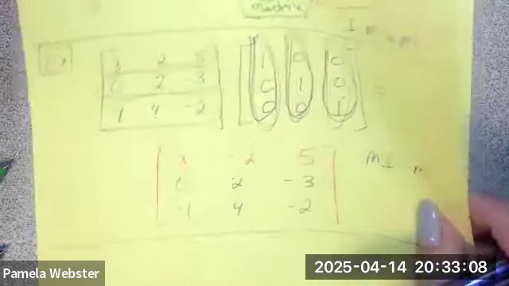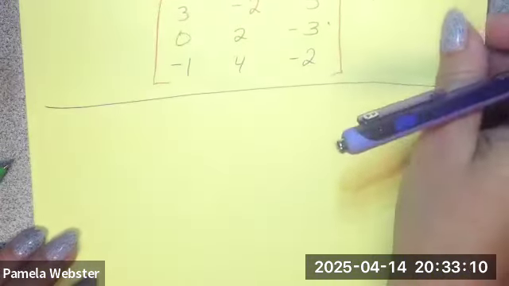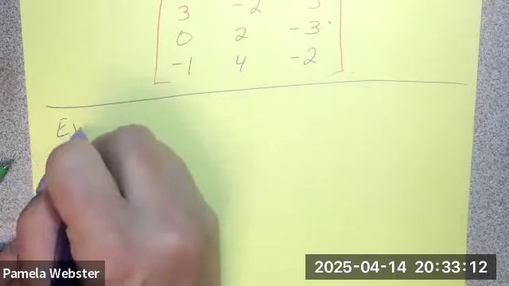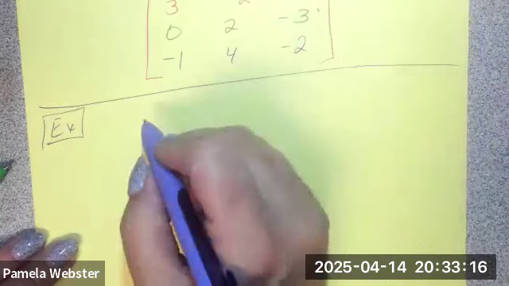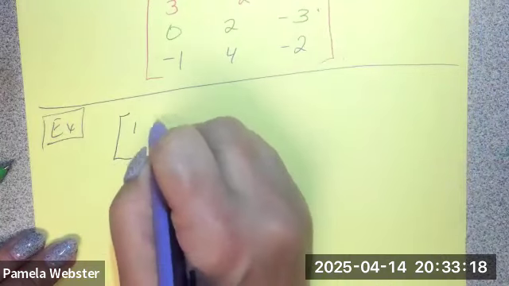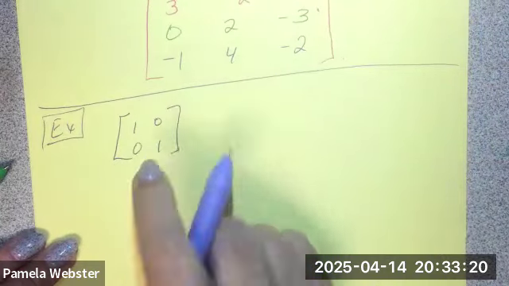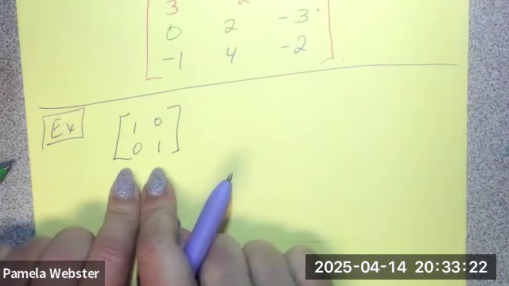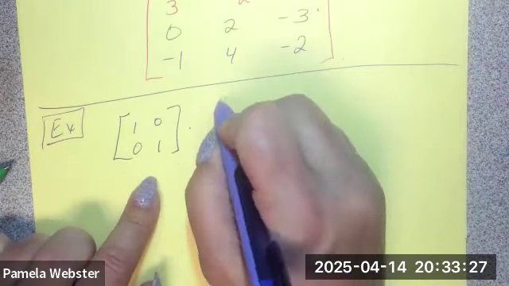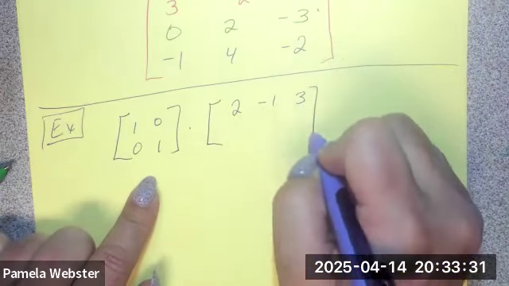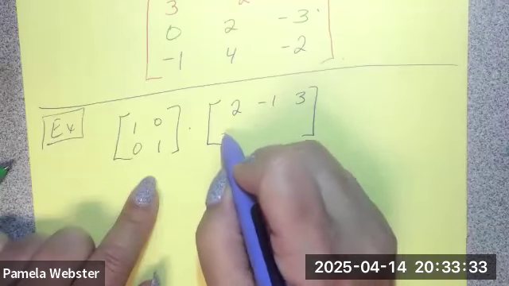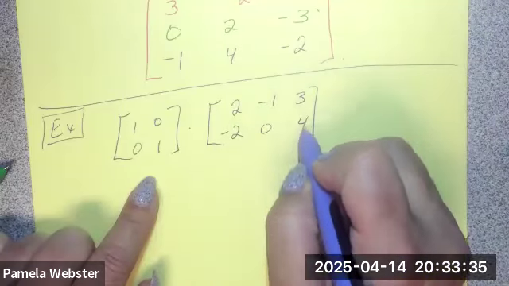So with that in mind, my next example should be like, you can't fool me, Dr. Webster. Should be pretty straightforward. So it's 1 0 0 1. That's the identity matrix for a 2 by 2, right? We're okay with that. But it says times 2, -1, 3, -2, 0, 4.